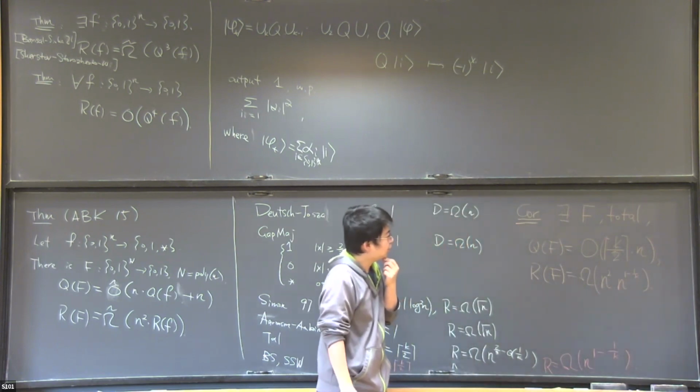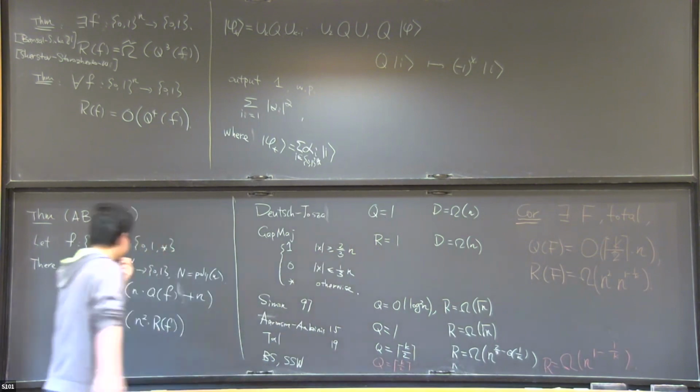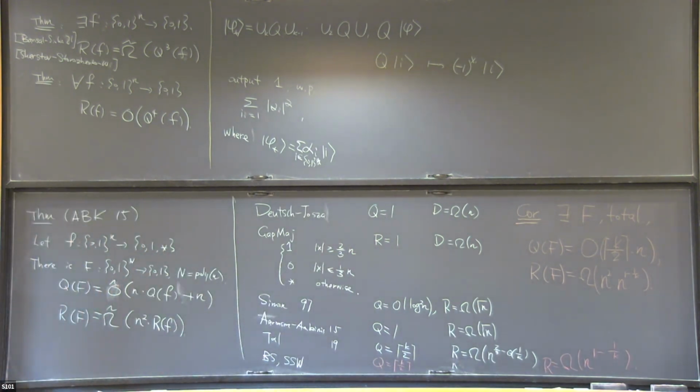You can take k to be a large enough constant. Then you get n versus n to the 2.99999. But actually, you can also take k to be a little bit larger than constant, say log n. That is fine. Then you get this separation I wrote above.